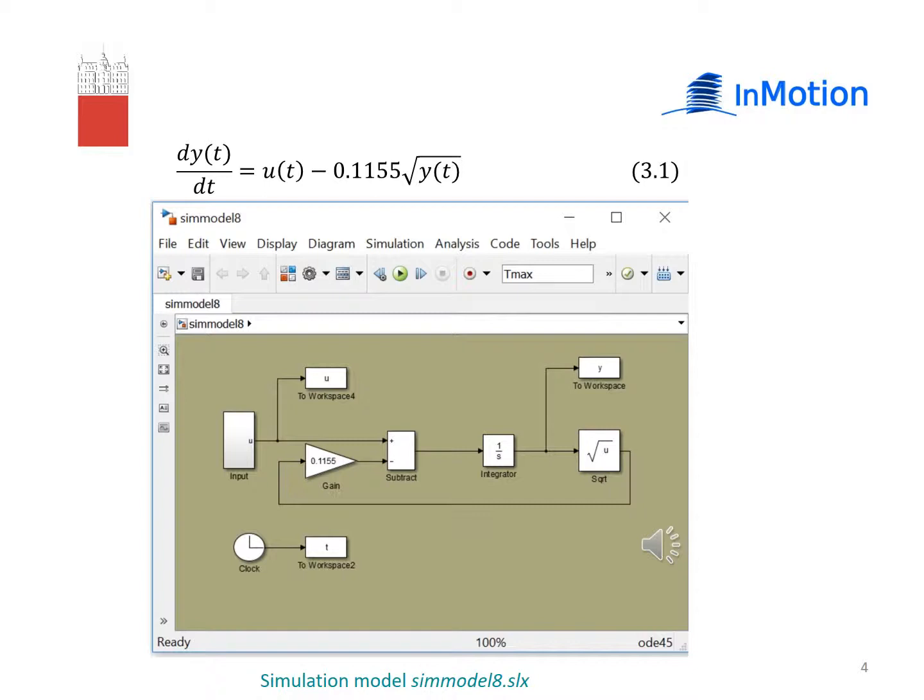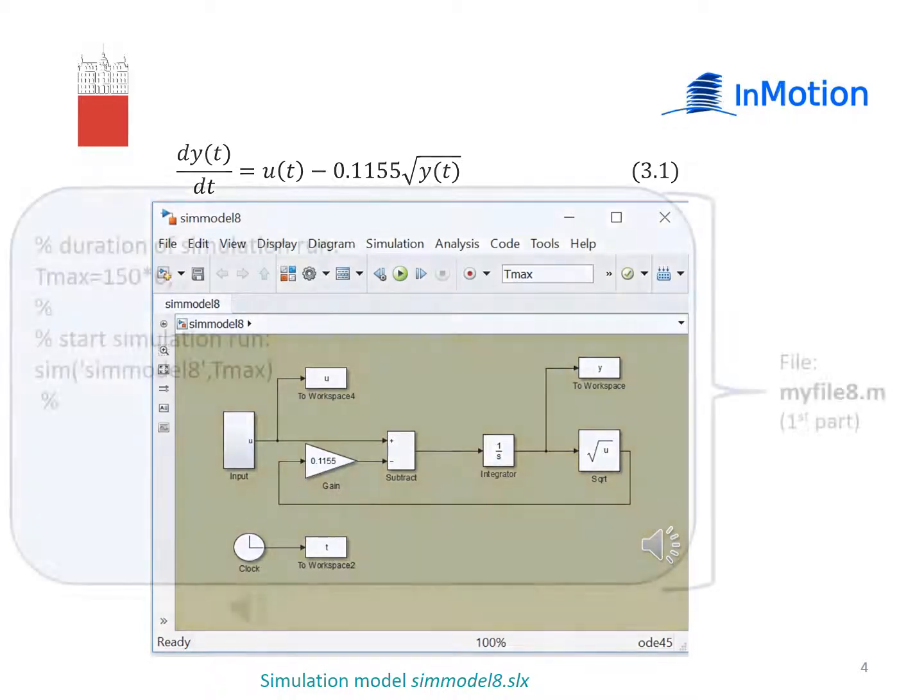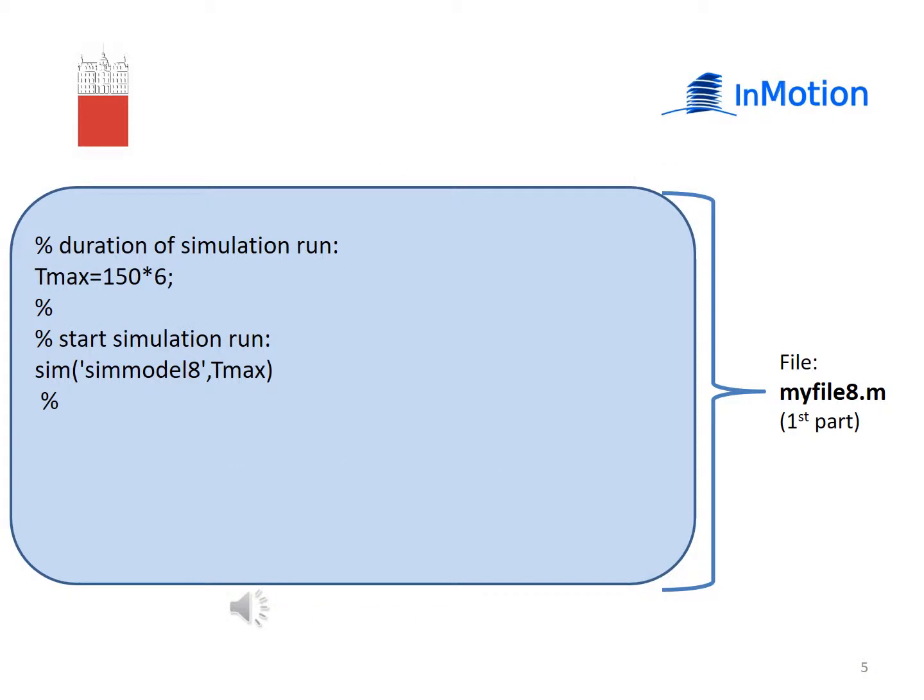For the presented nonlinear model, the corresponding simulation scheme SimModel8.slx was developed first, as presented in this figure. Then, a simulation run was executed using the script file myfile8.m.